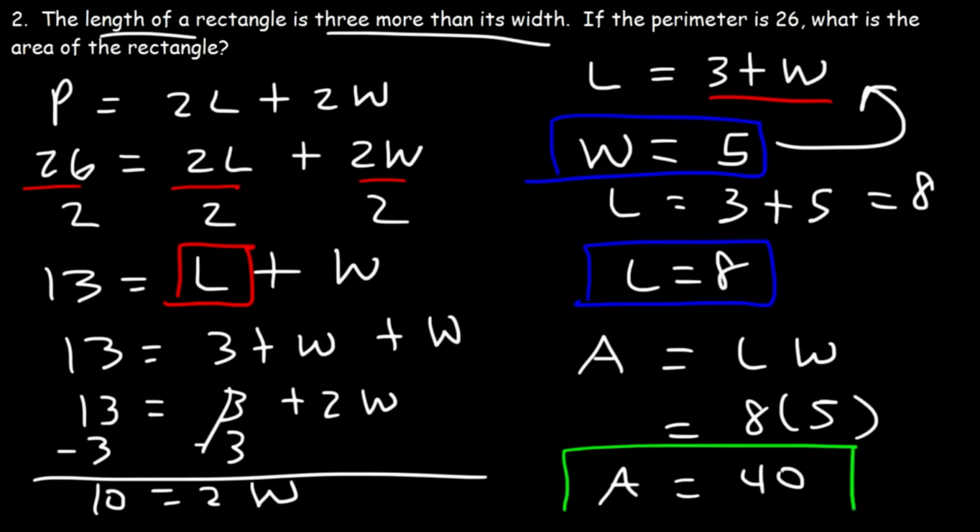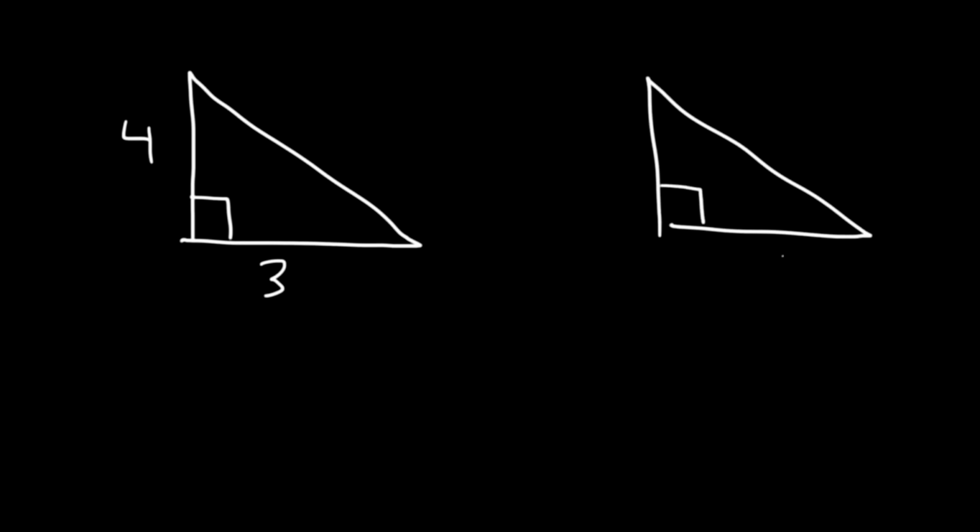Now let's talk about triangles. Let's say if we have a right triangle, and let's say one of the legs is 3 and the other leg is 4. What is the hypotenuse of the triangle? Let's call the sides A, B, and C. According to the Pythagorean theorem, a squared plus b squared is equal to c squared.